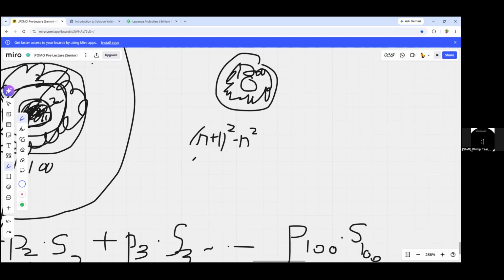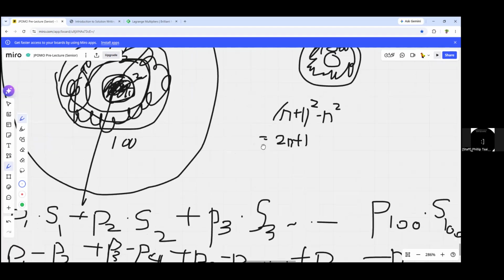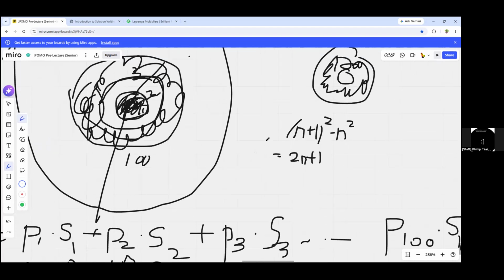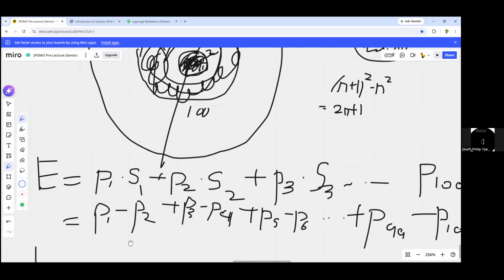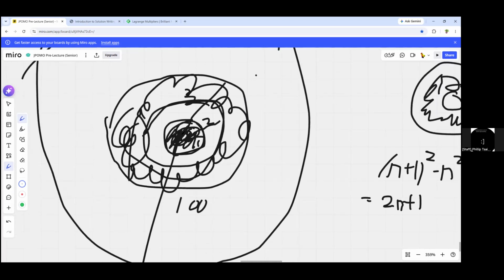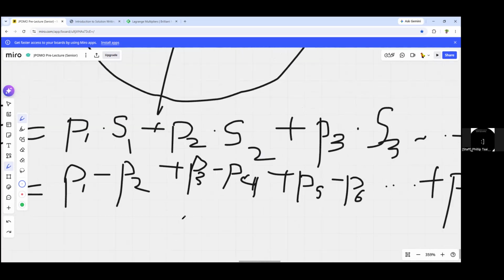So we can simplify this to just 2n plus 1. And since we start from n equals 0, which is just the area of this circle, we go up from there.